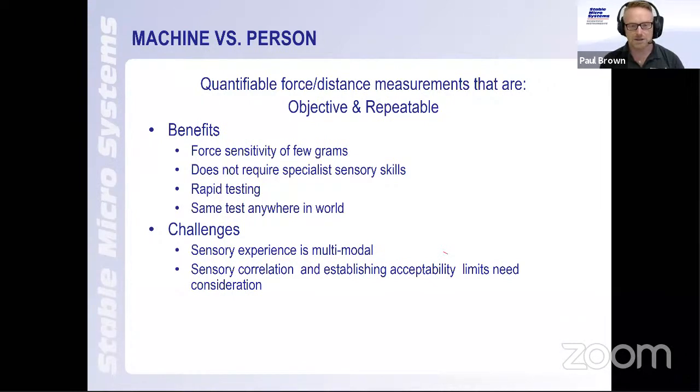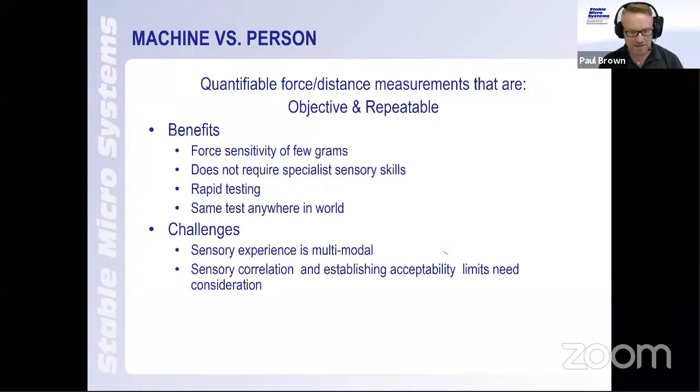The instrument just records the data that we give it effectively. So we tell the instrument to do something, to move up and down at particular speeds, and it records that data for us. So it's very objective and very repeatable. And that is the benefit of the instrument over the person.